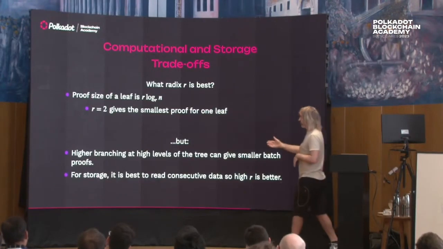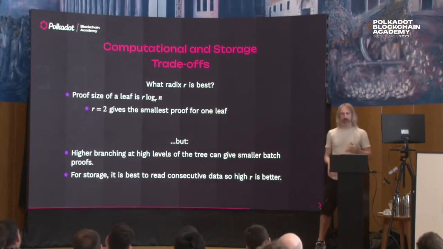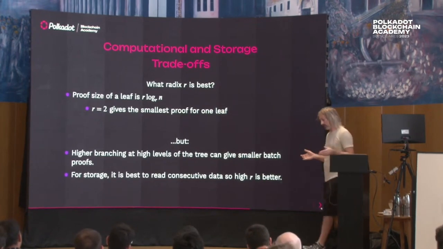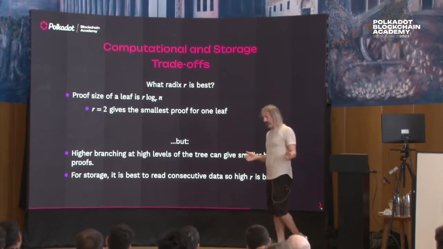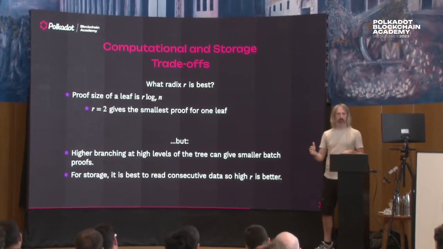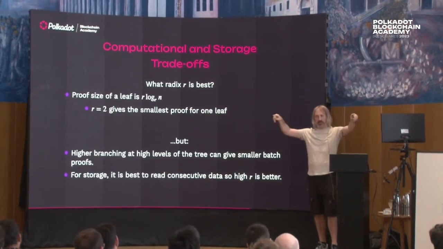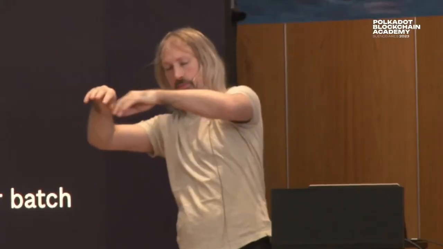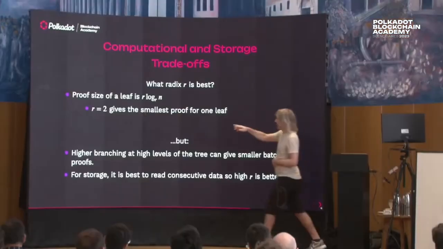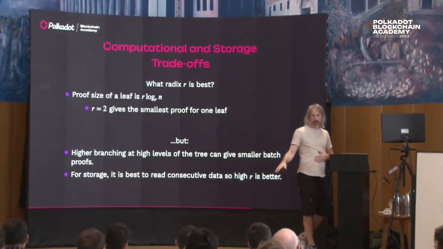So if we increase that, for example, to 16, then for something like 256 entries, we'll have to go 2 levels deep, if it's perfectly balanced. Go down 1 and we have 16 children, go down the next one and we would have 256 children, so we're done. If we have a branch factor of 2, then we'll have to go 8 levels down before we get to a leaf.